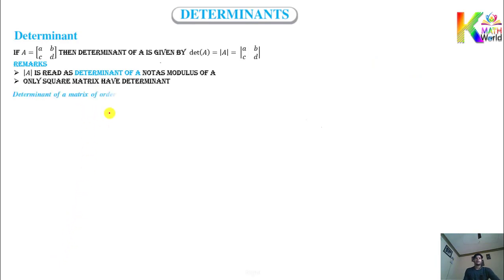Next thing. Now the determinant of a matrix of order 2. Here you can see order 2 matrix [a b; c d]. Then how do we get the value of this determinant? For that, you can see this AD direction is called the principal diagonal.